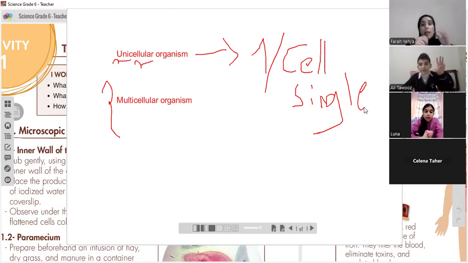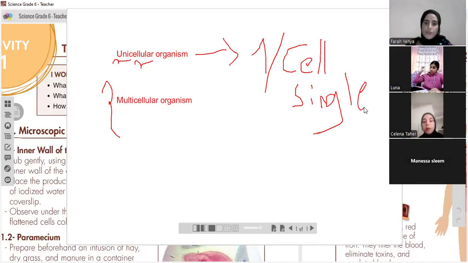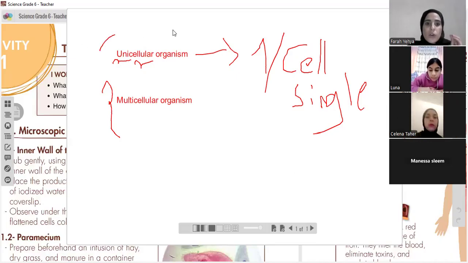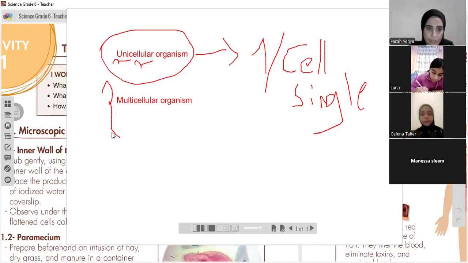A lot. We cannot count them. But there are living things that are made up of only one cell, a single cell. Any living thing made up of one cell, this is what we call a unicellular organism.